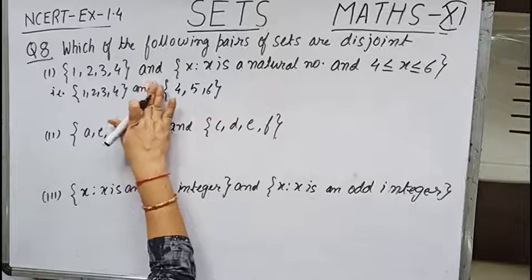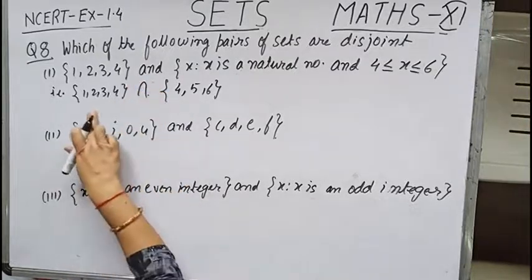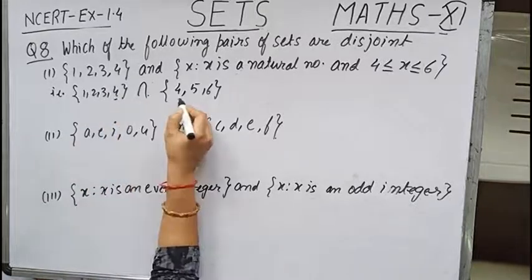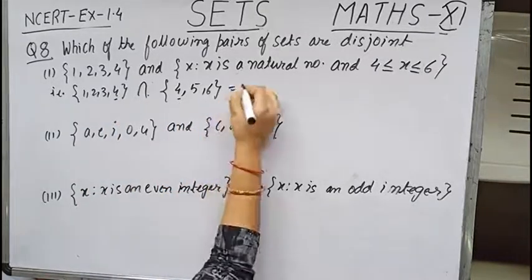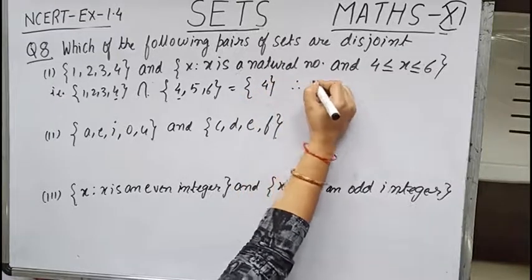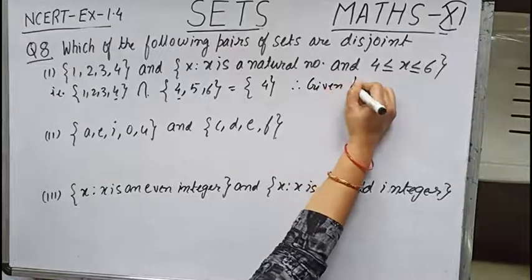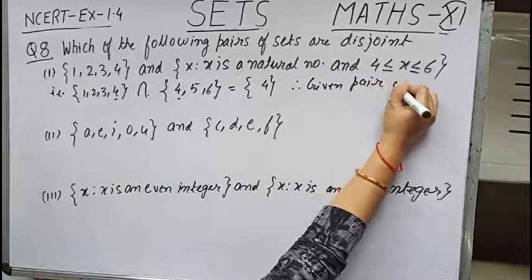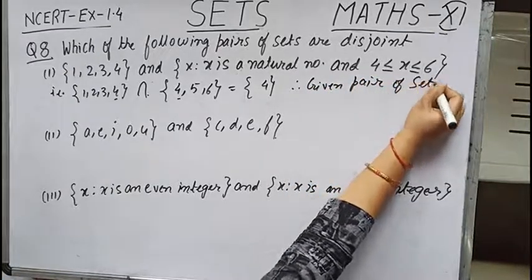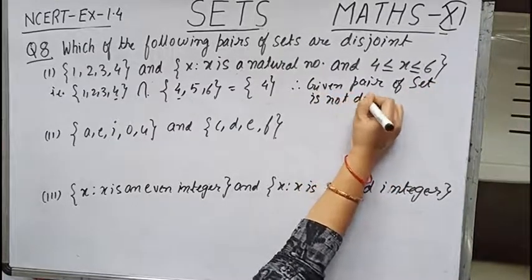If I do the intersection of these two, we can see that the element 4 is common to both. So this I can write as the set containing 4. Therefore, the given pair of sets is not disjoint.